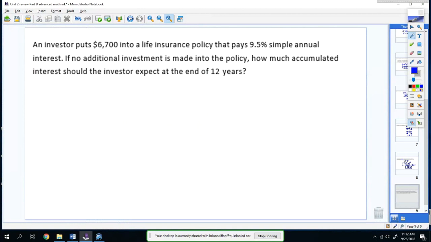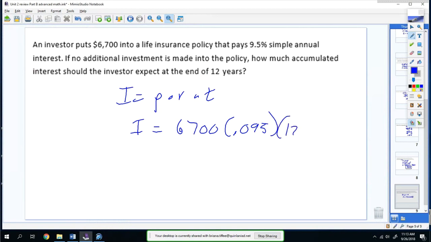An investor puts $6,700 into a life insurance policy that pays 9.5% simple interest. Okay, how much interest will the investor expect at the end of 12 years? So you do I is equal to P times R times T. P is 6,700 times 0.095 times 12.